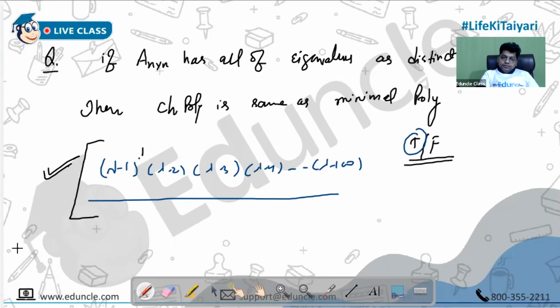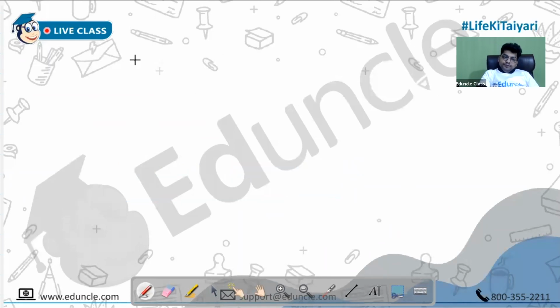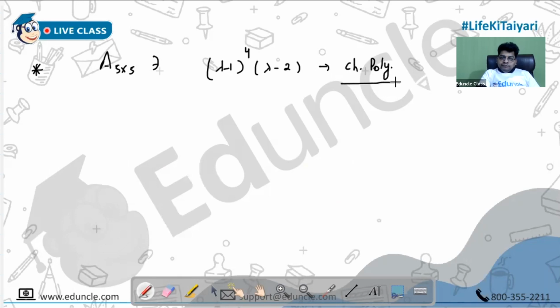Am I clear? Yes or no? Now let us consider you have a 5 cross 5 matrix A such that (lambda minus 1) to the power 4 and (lambda minus 2) is the characteristic polynomial.